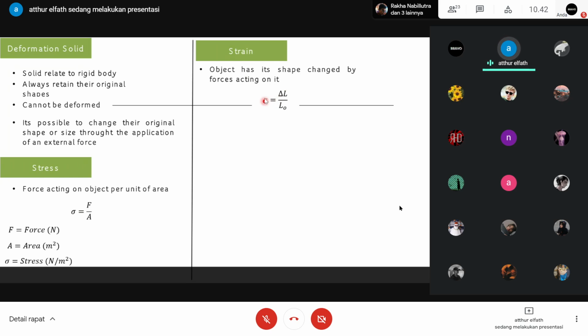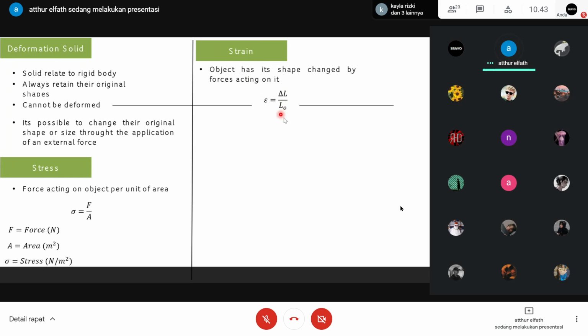By the way, this is the symbol of strain. Delta L means change of length. Change can be extension and can be compression. And L0 means initial length or original length.